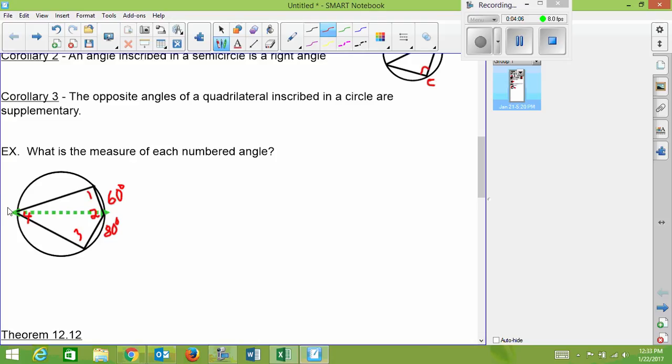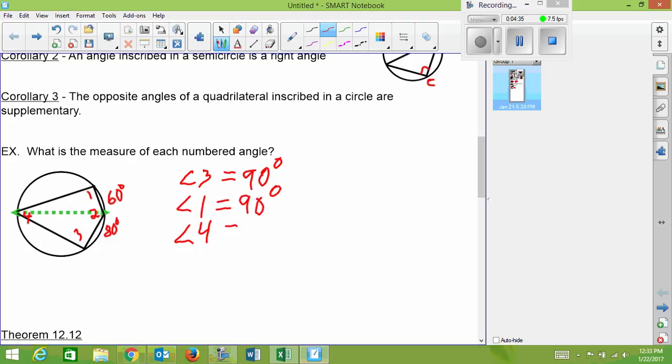So from here over to here is 180, and then here to here is 180. Because angle 3 is inscribed in a semicircle, you know that angle 3 has to be 90 degrees. Angle 1 over there is also inscribed in a semicircle, and therefore angle 1 also has to be 90 degrees.